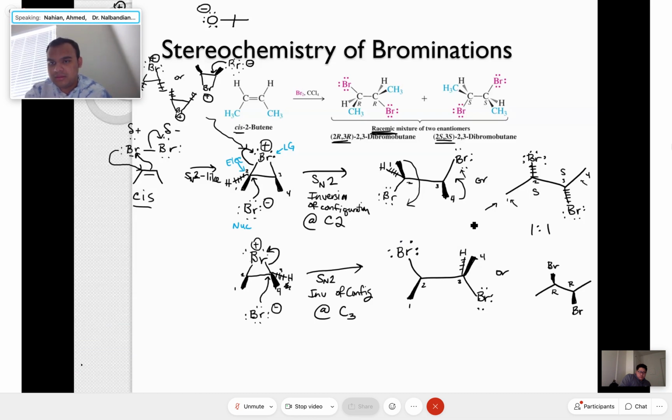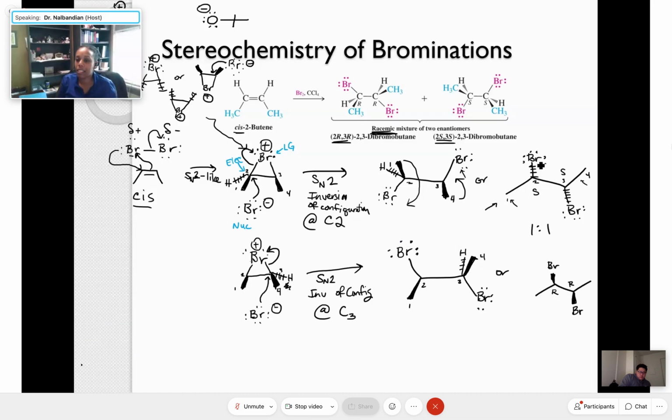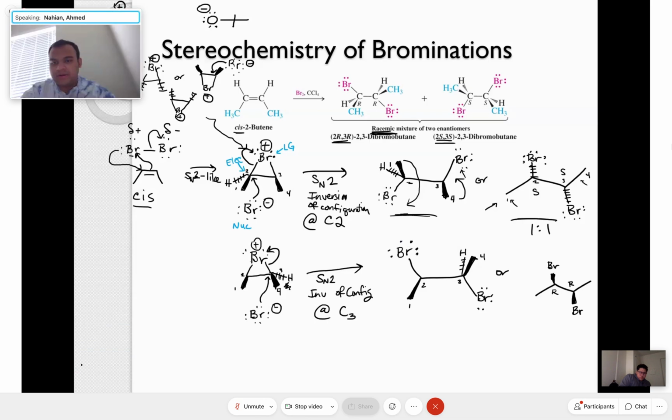For the R example, the bromines, now once you get this product, these are the exact same thing. It's just rotating around. They're the exact same product. This is this. They're the same thing. It's just different conformations. Can you draw the dash line for the SN2 at C3 as well?